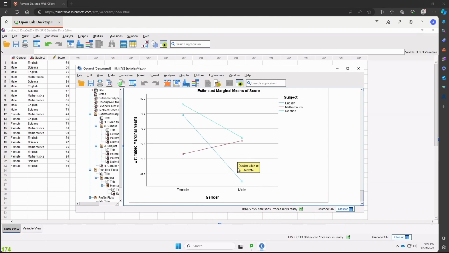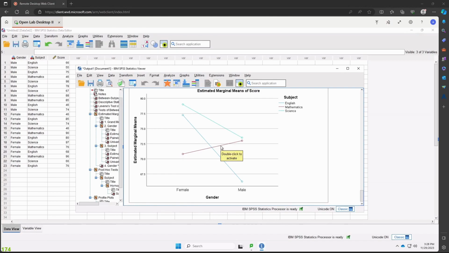You can see that for both male and female, English is the blue line here, mathematics is the red line, and science is the slightly green line.